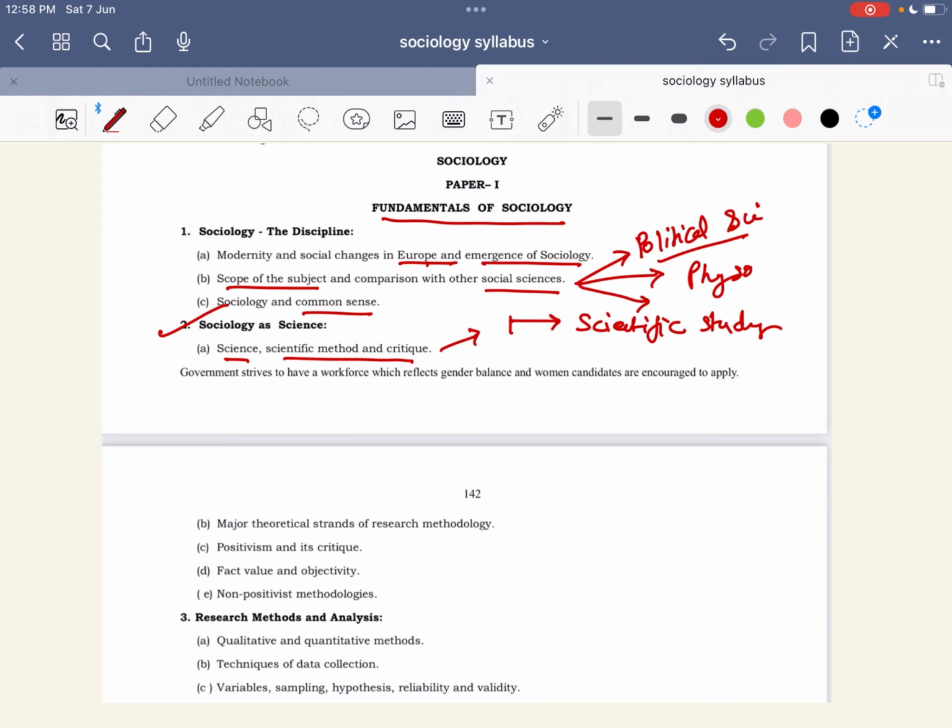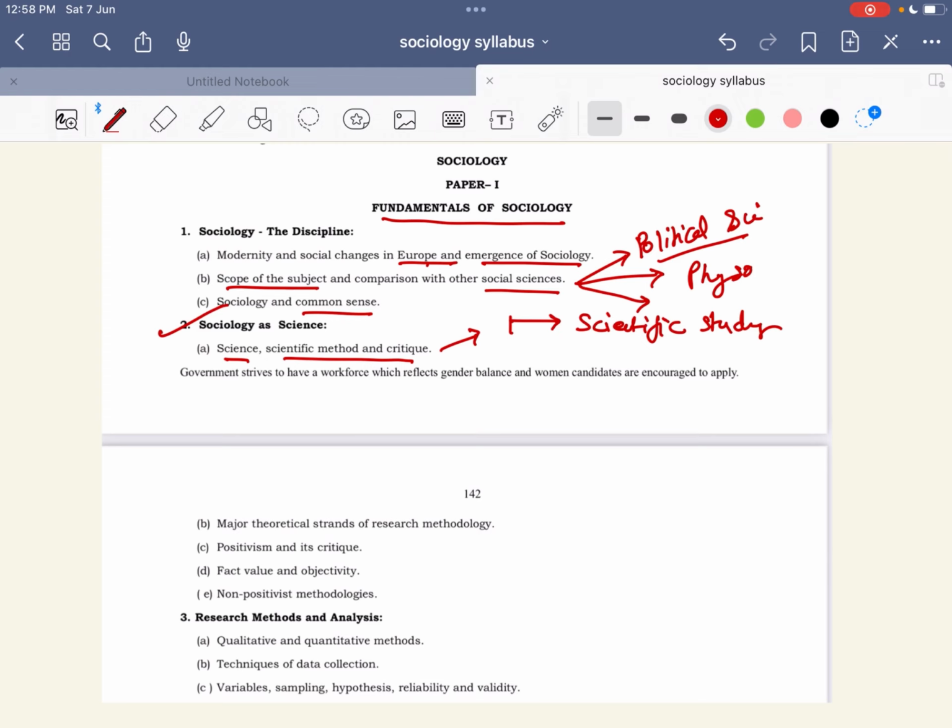Okay, and they generalize these facts all over the world. Understand? So what I want to say is these sociologists are of the view that there is no difference between science and sociology as a subject.